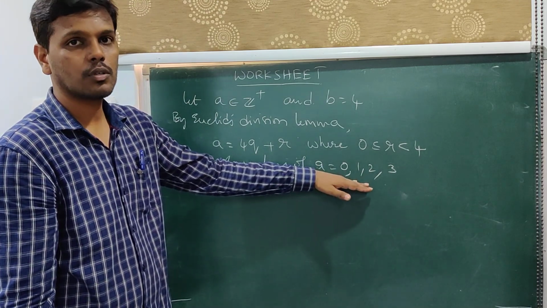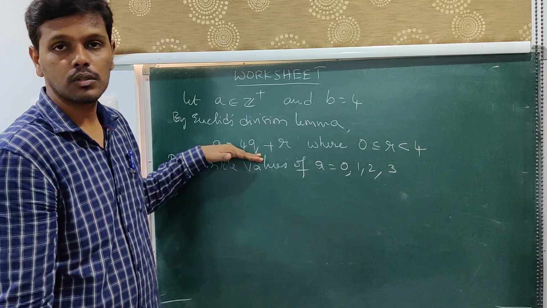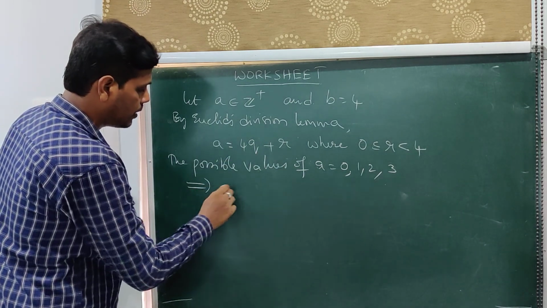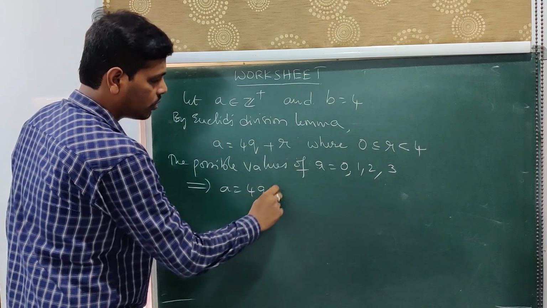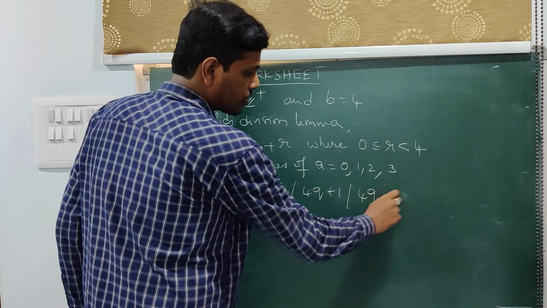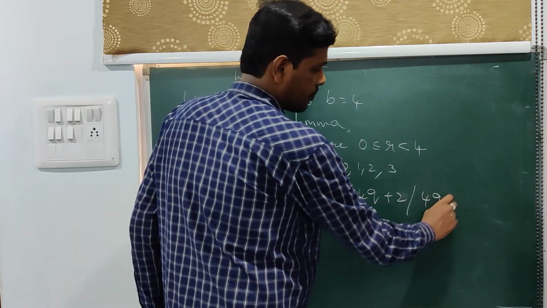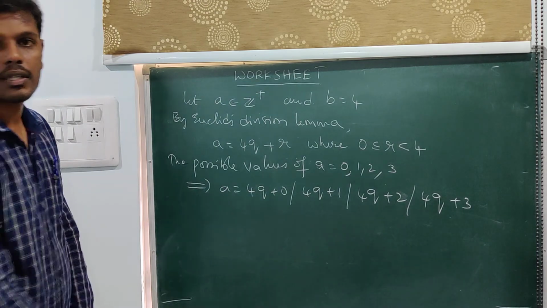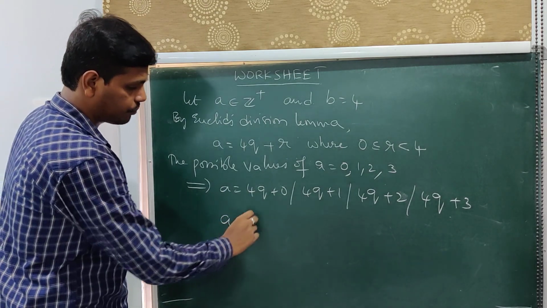When you substitute these possible values of r in this equation, you will get the possible values of a. So that will imply a is equal to 4q plus 0 or 4q plus 1 or 4q plus 2 or 4q plus 3. Now 4q plus 0 can also be written as 4q.